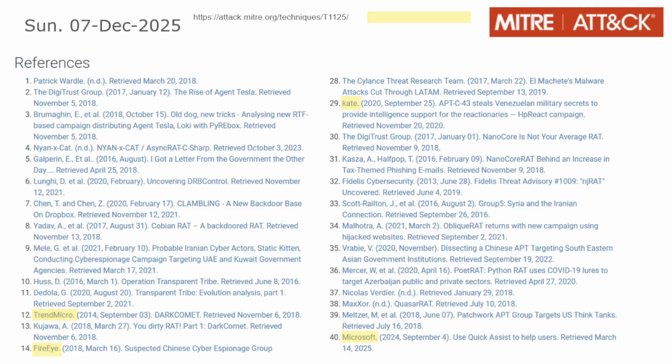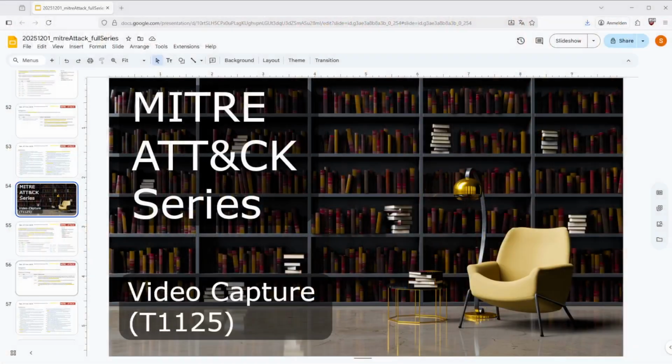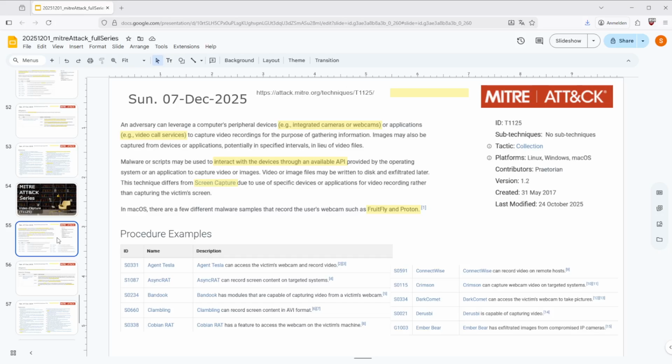But yeah, I think we are through then with this video. I hope you enjoyed it. So we had a good look at what video capture is. Found some similarities to the audio capture. We know where to locate it in the kill chain now. Based on the procedures, we have seen some software examples and one hacker group using video capture.